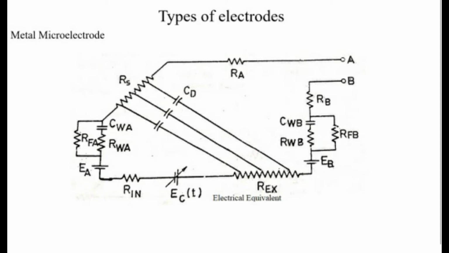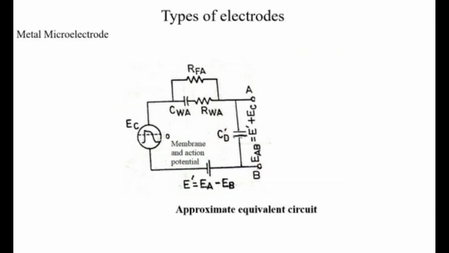CD is the distributed capacitance between the insulated shaft of the microelectrode and the extracellular fluid. The capacitance between the tip of the microelectrode and the intracellular fluid is negligible because the potential difference across it does not change.